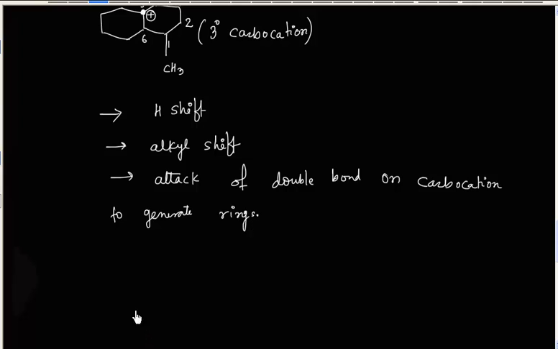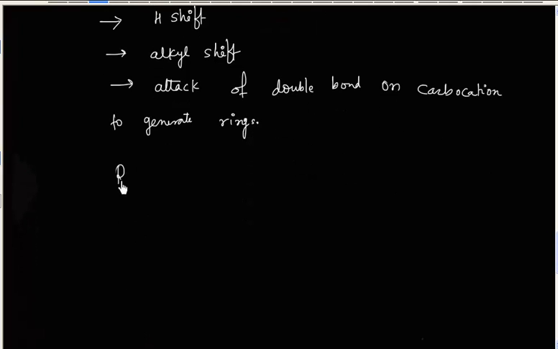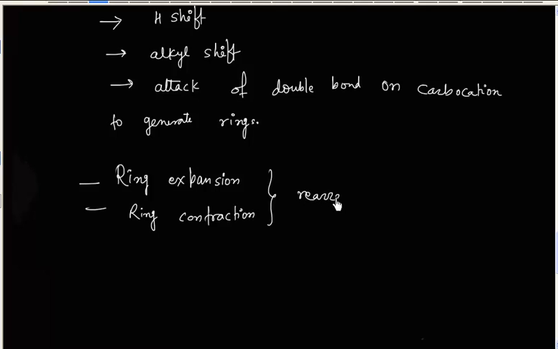So in some other video we will also explain ring expansion and ring contraction. That can also lead to rearrangement of carbocation.